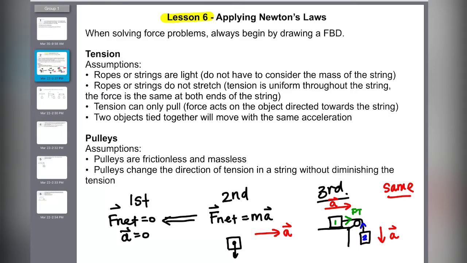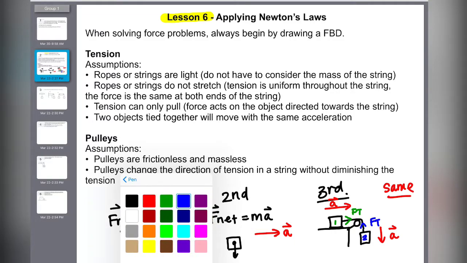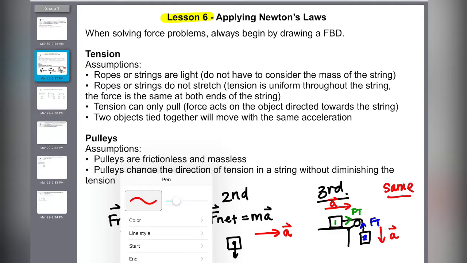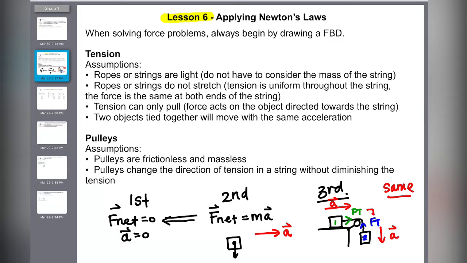It's like somebody's hanging upwards, pulling me upwards, dragging. And the other assumption that we have is that because of the third law, the action-reaction force to each other, these two forces of tension are also going to be the same. Okay, and that's mainly what we're going to be talking about.